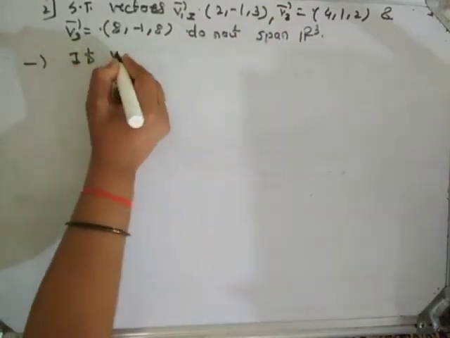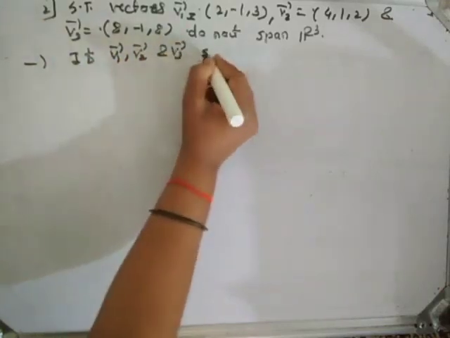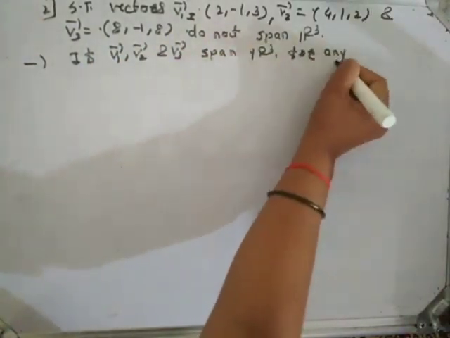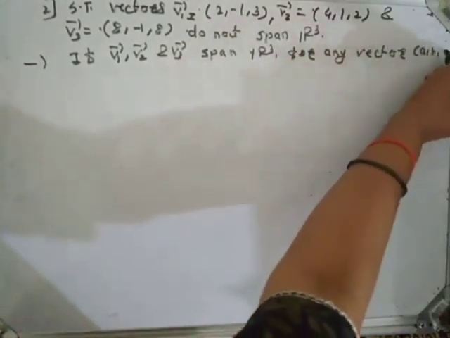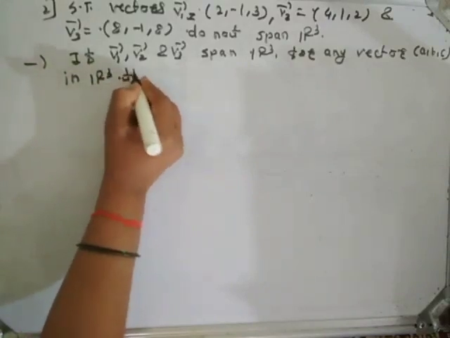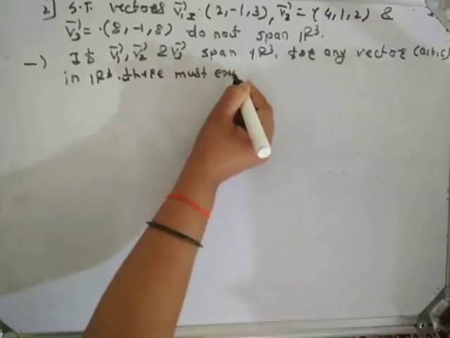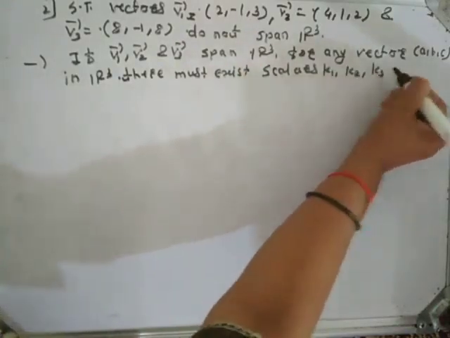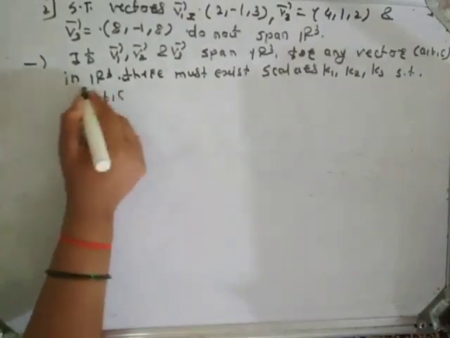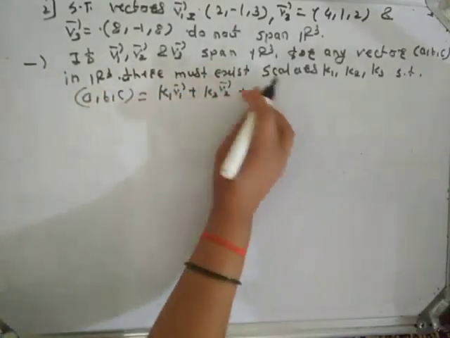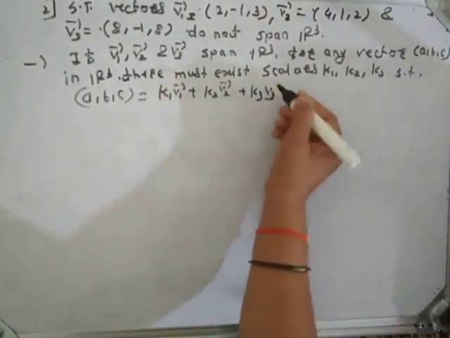Students, see here, if V1 bar, V2 bar and V3 bar span R3, then for any vector (A, B, C) in R3, there must exist scalars K1, K2, K3 such that (A, B, C) equals K1 V1 bar plus K2 V2 bar plus K3 V3 bar.